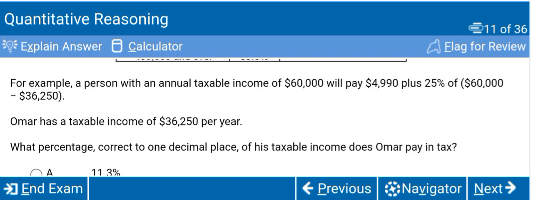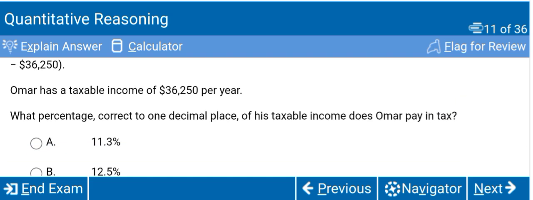Now we have a different question. Homer has a taxable income of $36,250 per year. What percentage, correct to one decimal place, of his taxable income does Homer pay in tax?